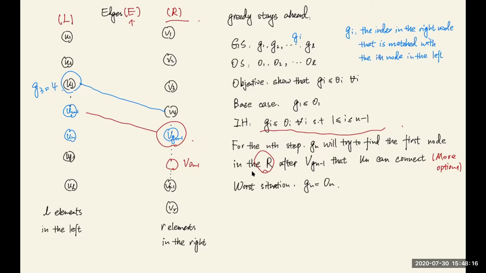O of I is the same: it's just the index in the right node that is matched with the ith node in the left using other strategies, any kind of valid strategy you have. So this is O of I.